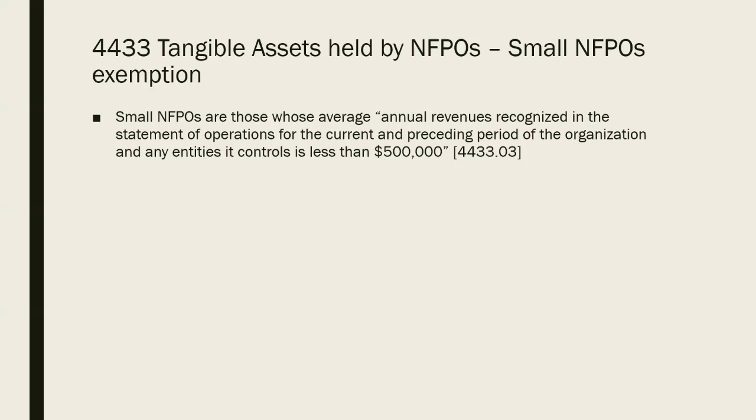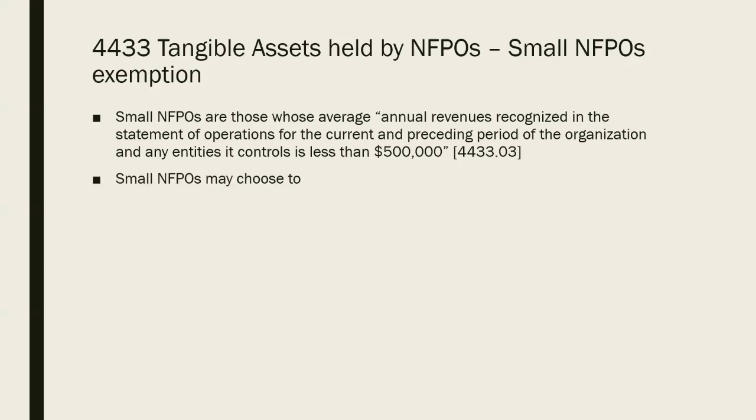So you have a $500,000 sort of ceiling. If the average amount of the current year's revenues and the previous year's revenues is less than $500,000, then the not-for-profit organization is a small not-for-profit organization.